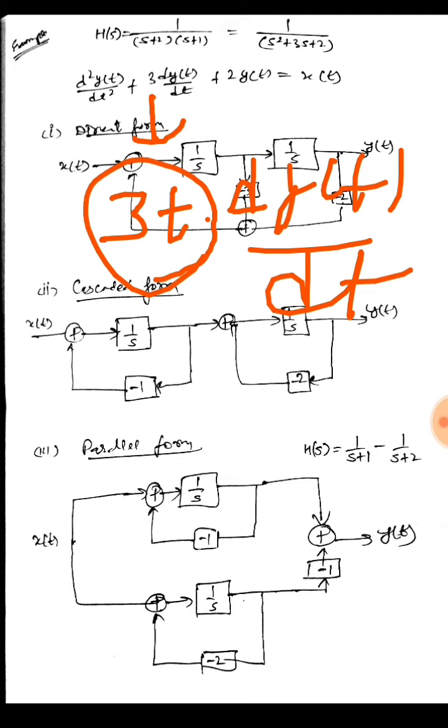It will be a time variant system, whereas in an LTI system we need a linear time invariant system. So if any of these coefficients becomes time dependent, then the system would not remain an LTI system.